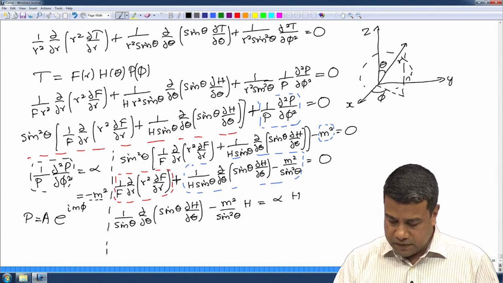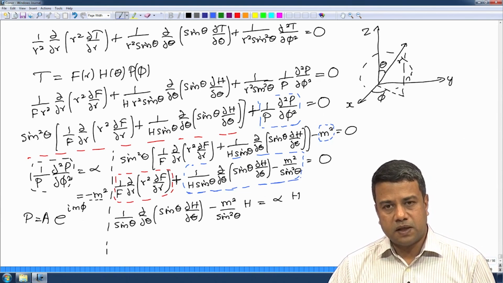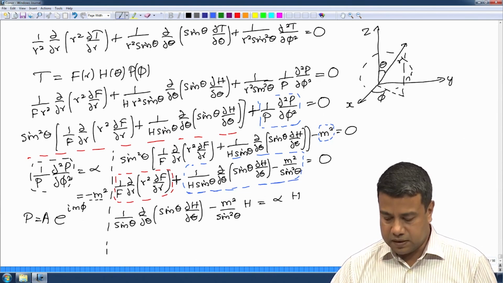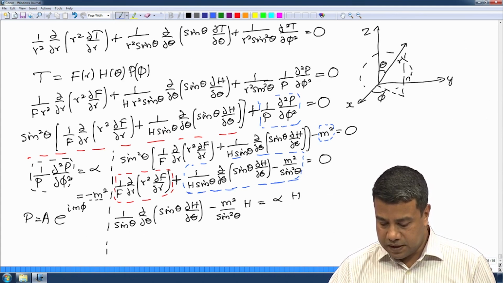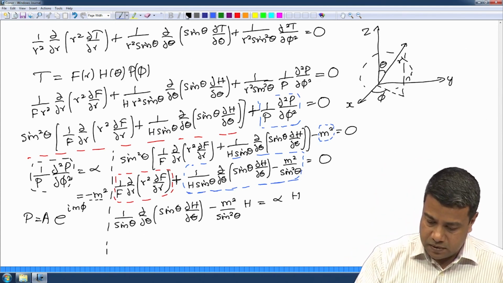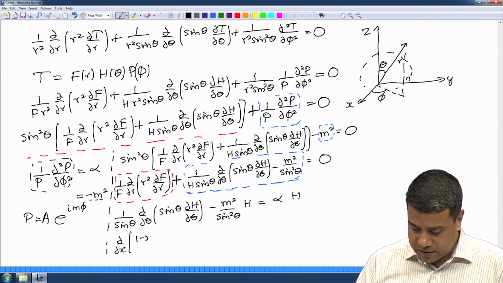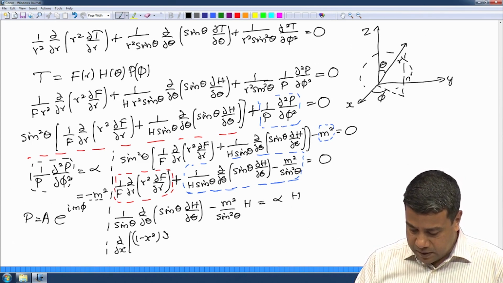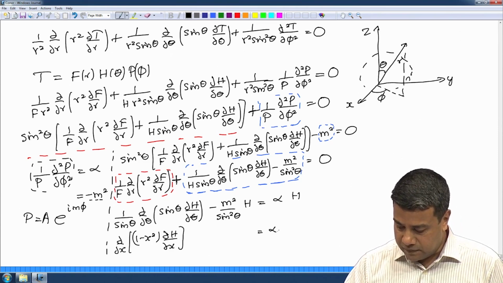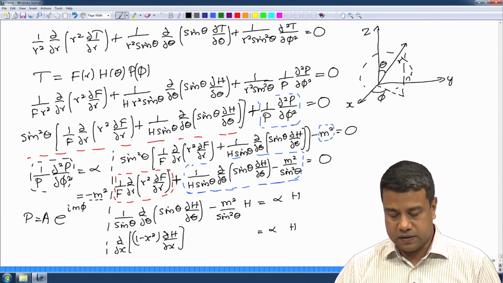So, I have set this entire term equal to a constant and then multiplied throughout by h to get this equation. When m was equal to 0, I told you that this equation could be reduced to the form d by dx of 1 minus x square partial h by partial x is equal to alpha times h, where x is cos theta.